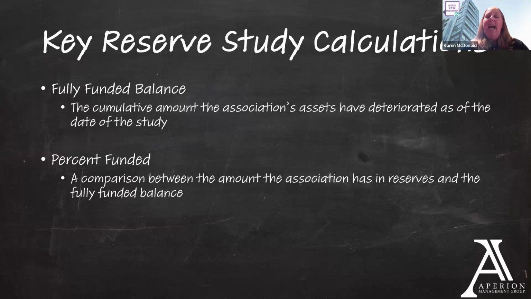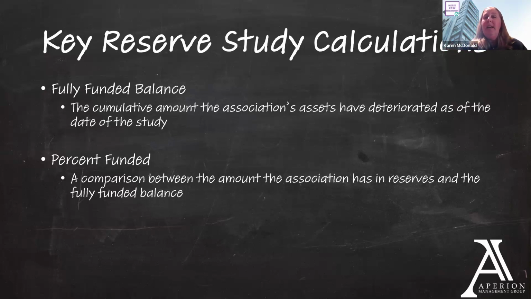The reserve study actually looks at deterioration of the assets, not the total replacement cost. So the fully funded balance is the cumulative amount that the association's assets have deteriorated as of the date of the study. So to use a really simple example, let's say that you are a condo with a parking lot, or you're an HOA with a private road, and you will resurface that asphalt every 30 years, and it will cost $30,000.